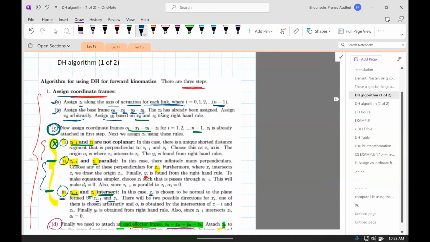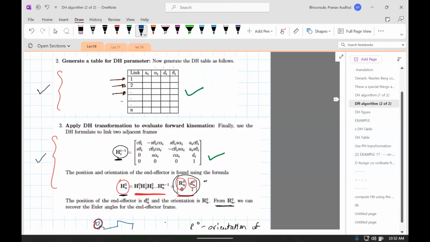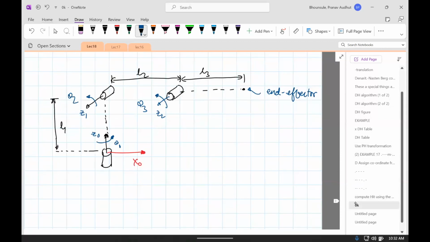Now C depends on the relation between two consecutive axes of actuation. So I can tell you with confidence that you will not see any problem with axes which are not coplanar. So it's only these two that you need to take care of: Zi minus 1 and Zi parallel, and Zi minus 1 and Zi intersect. Those are the two conditions. So we have to check them in pairs. So let's go back here.